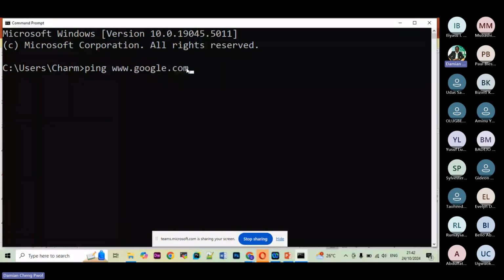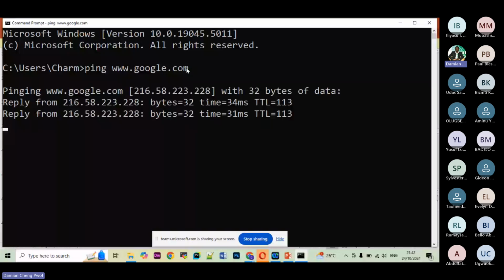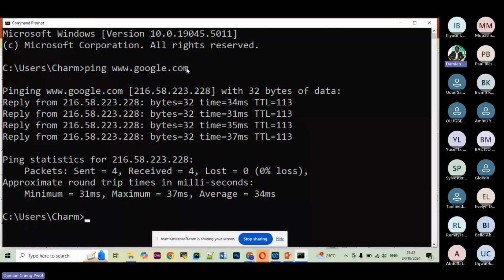So pinging www.google.com, we are getting information. It sends something in bytes, and we are getting a reply.